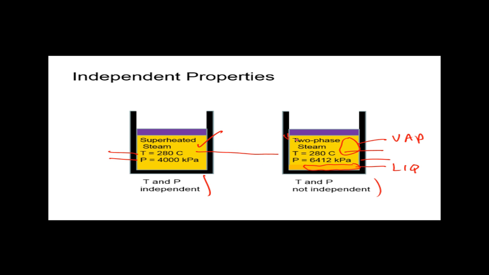For it to coexist in thermal and mechanical equilibrium, that pressure can't be 6,411 kilopascal or 6,413 kilopascal. It has to be precisely the saturation pressure at that temperature. Notice if it's 4,000 kilopascal at that temperature, it's superheated steam. It's not two-phase steam. More on this later.